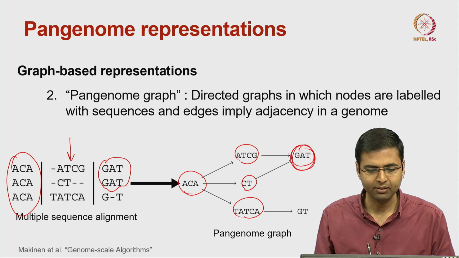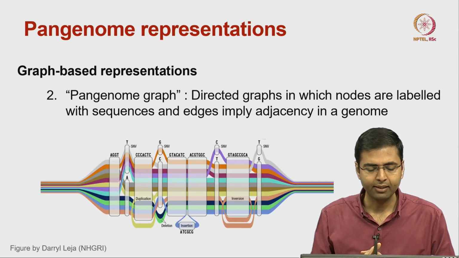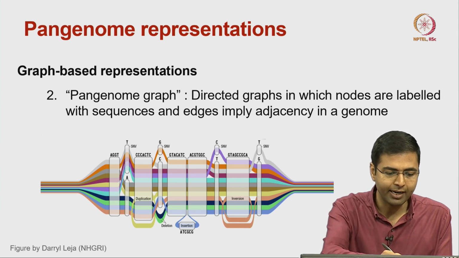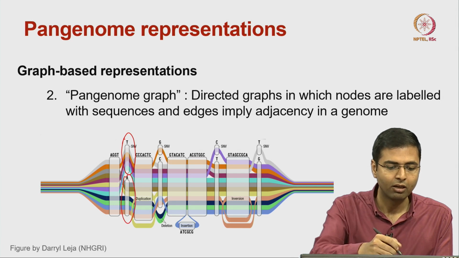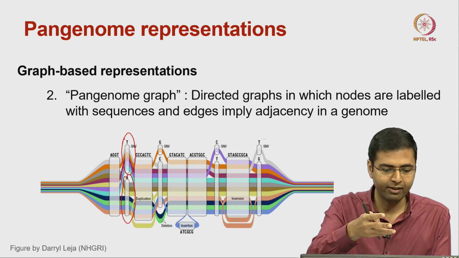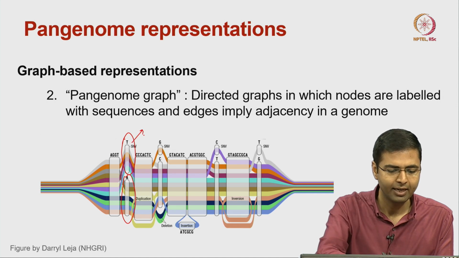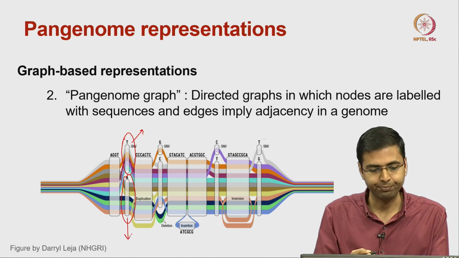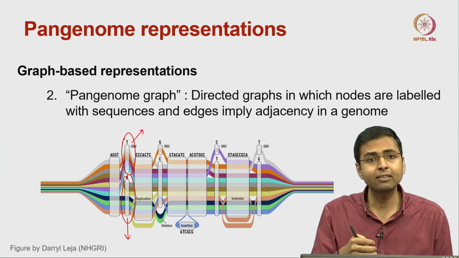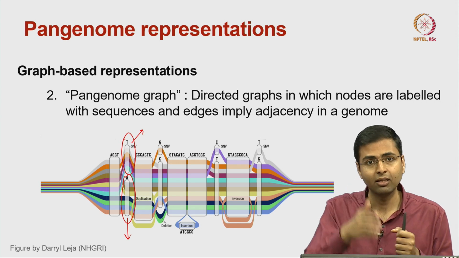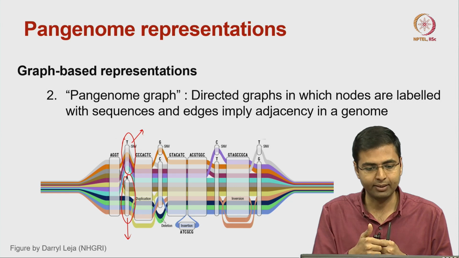Okay, so let us move forward. This is a better visualization of these graphs, and basically what we are saying is that whenever we see these alternate paths, for example, here you see an alternate path having 2 different routes, one route having label T and another route having label A. In this case these alternate paths would often appear only when there are mutations happening in the genome sequences.